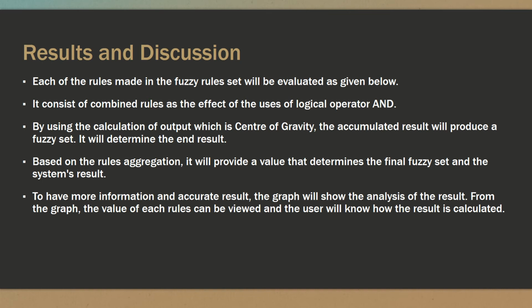It will determine the end result. Based on the rules of aggregation, it will provide a value that determines the final fuzzy set and the system's result. To have more information and an accurate result, a graph will show the analysis of the result. From the graph, the value of each rule can be viewed and the user will know how the result is calculated.